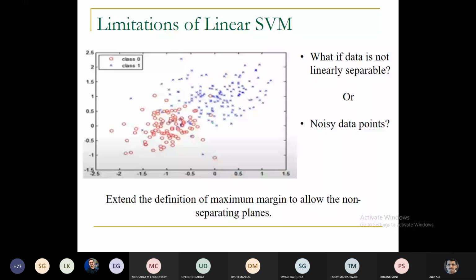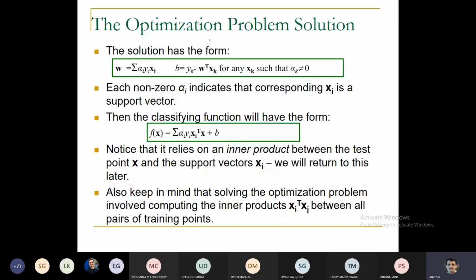This is the problem we currently have at hand. What about noisy data?